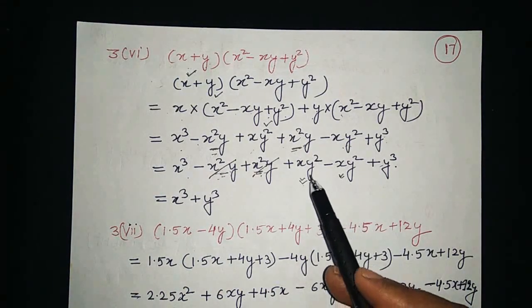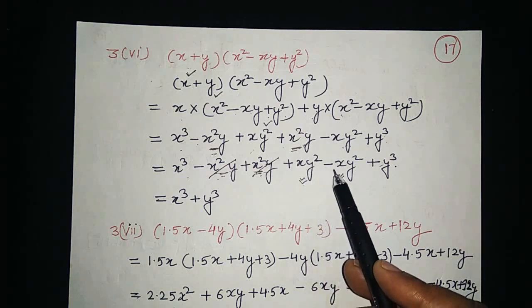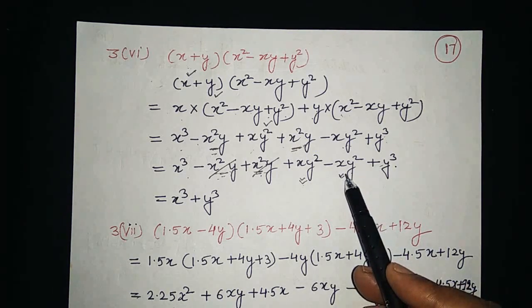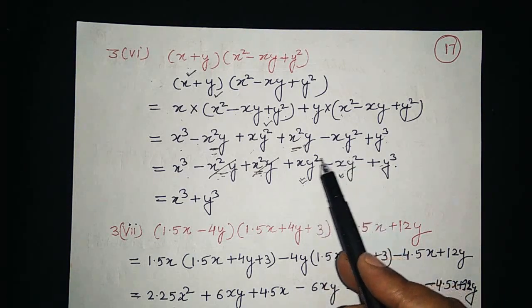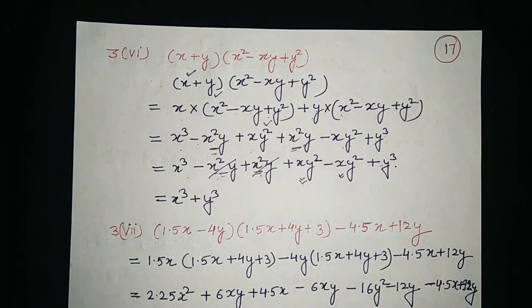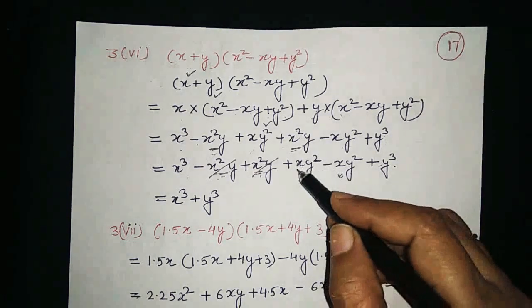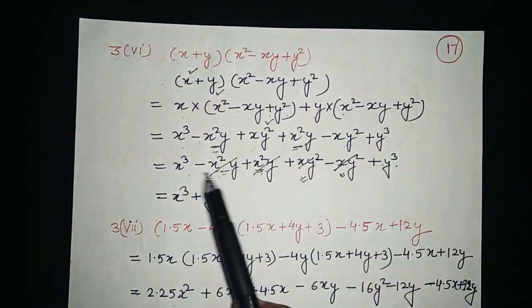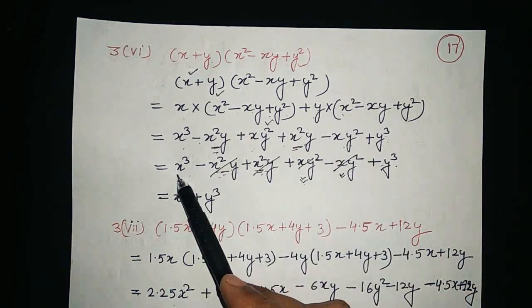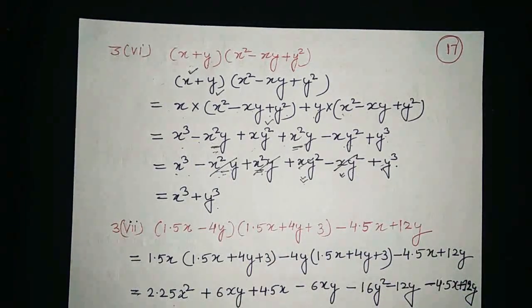And xy² and minus xy², what will come? 0. Clear now? Because you have subtracted xy² from xy², what is coming? 0. So your answer will be x³ + y³.